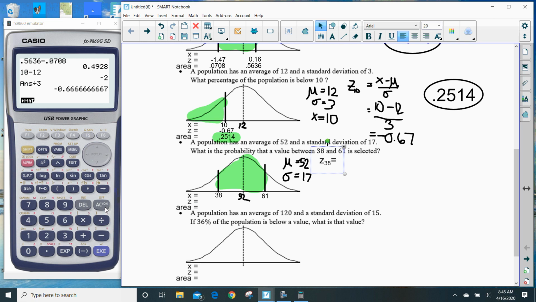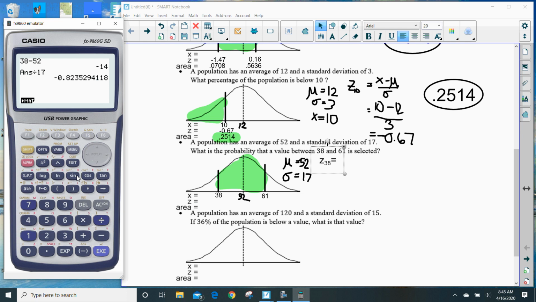And so we have a z-score of negative 0.82. All right.